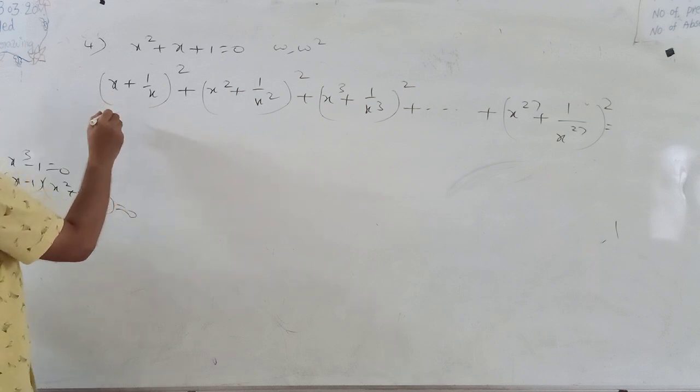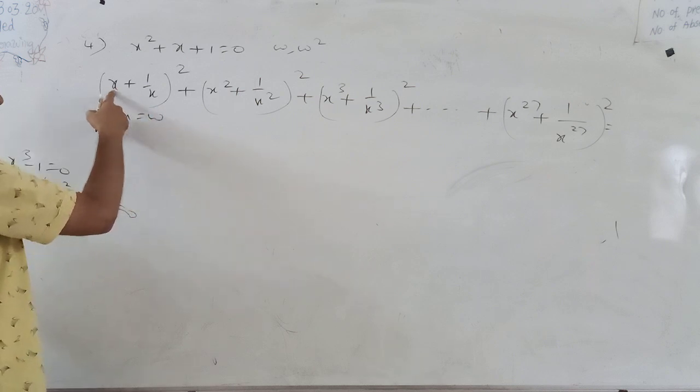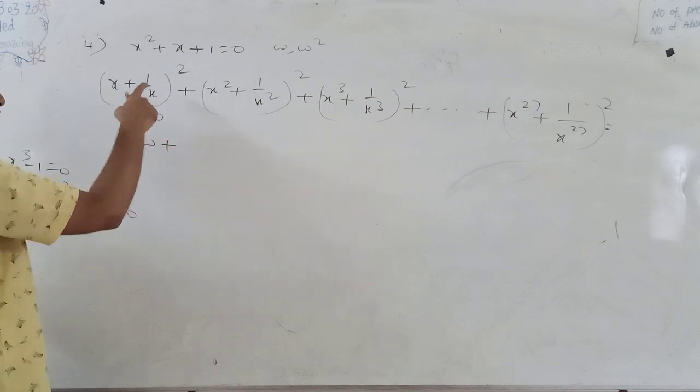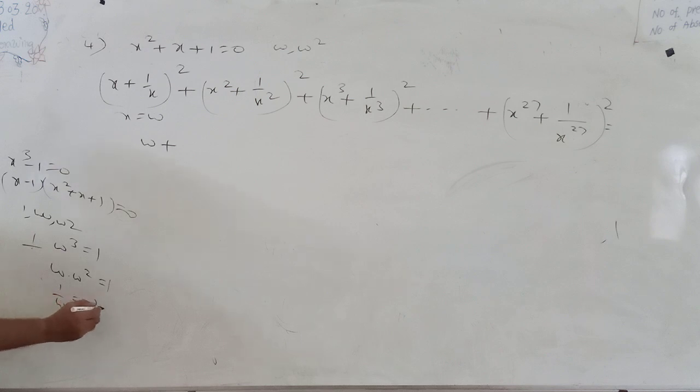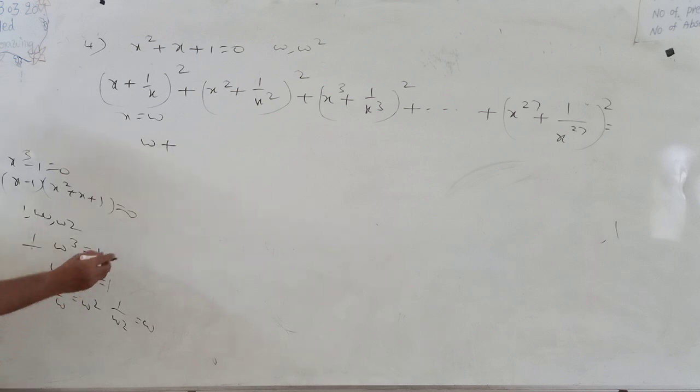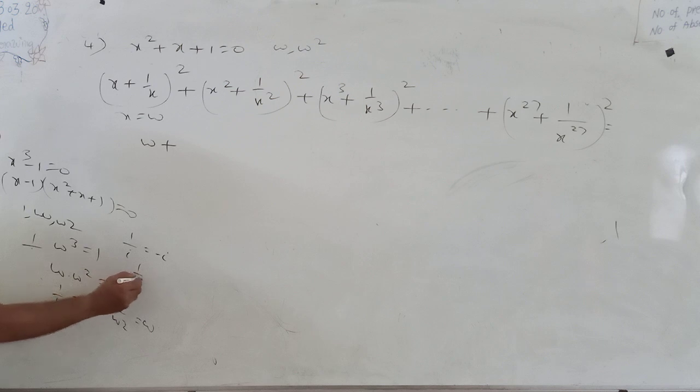So put x equal to omega. Now this is omega plus 1 by omega. See, omega cube value 1. From this, omega into omega square equal to 1. From this, 1 by omega equal to omega square and 1 by omega square equal to omega. Remember, 1 by i equal to minus i, 1 by minus i equal to i.